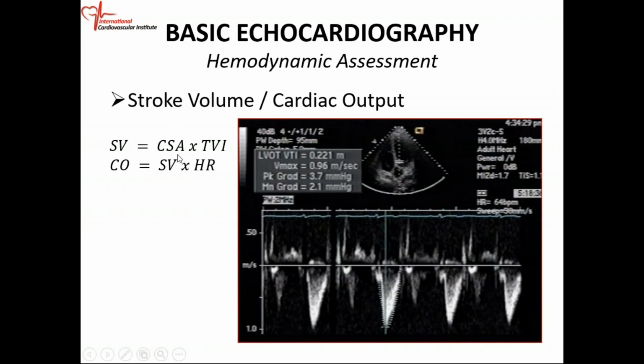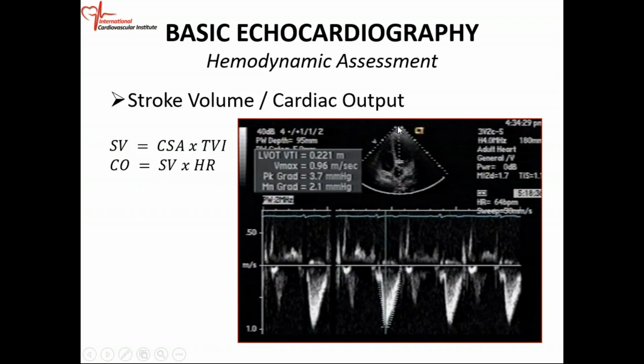If we're looking at our 5-chamber view, the left ventricular outflow tract is about right there, and we assume it's circular. So when this LV contracts, the flow across the left ventricular outflow tract is equal to the cross-sectional area of the left ventricular outflow tract times the TVI, time velocity integral.